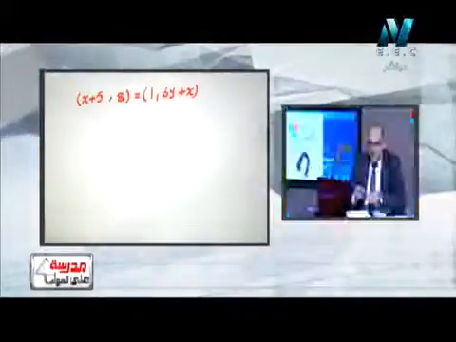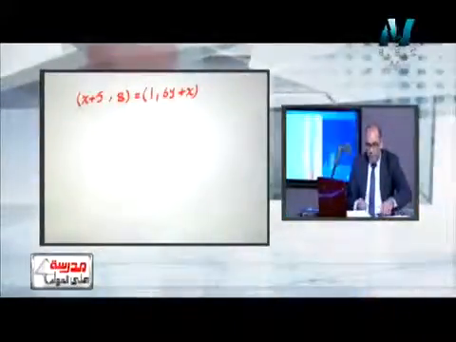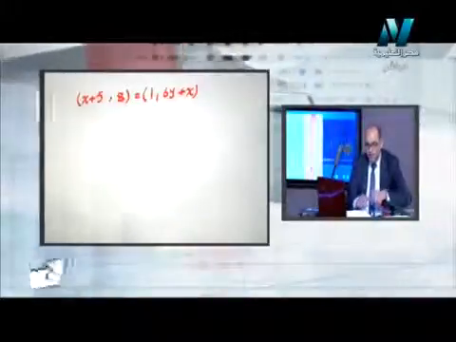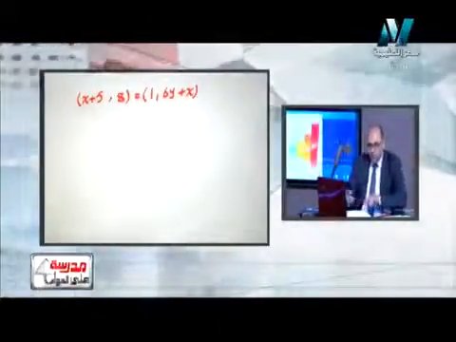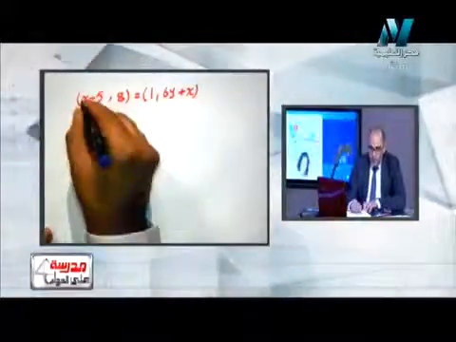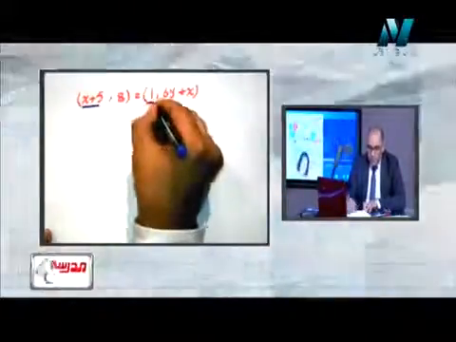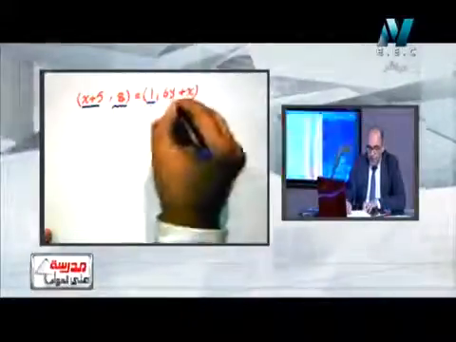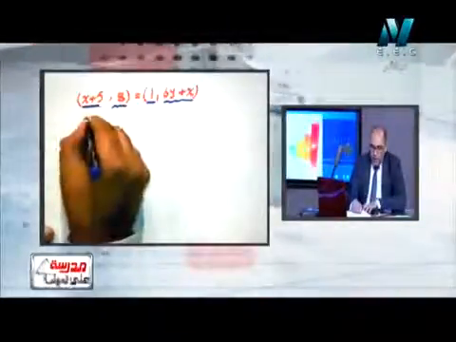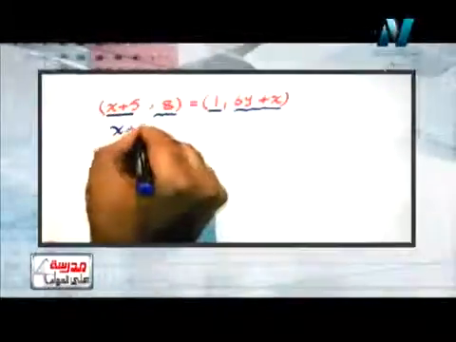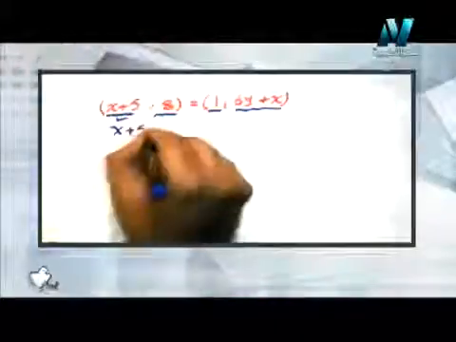In this problem we can apply the rule of equality of two ordered pairs. What did we say? If I have two ordered pairs, then the first number equals the first number and the second equals the second. Okay? So here we can construct an equation. I say x plus 5, which is the first number, equals 1.